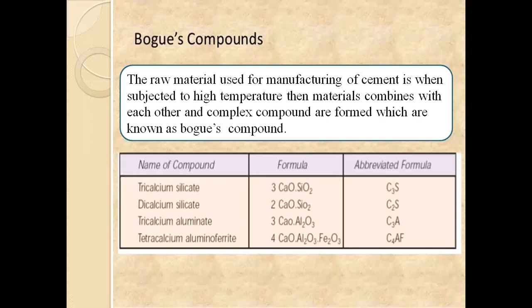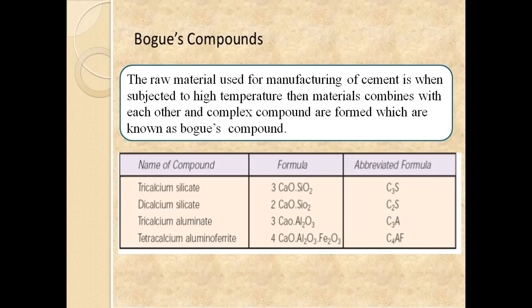During manufacturing of the cement, the raw materials combine with each other and form the compounds which are known as the Bogue compounds. The table shows the Bogue compounds, their chemical composition and the abbreviation.